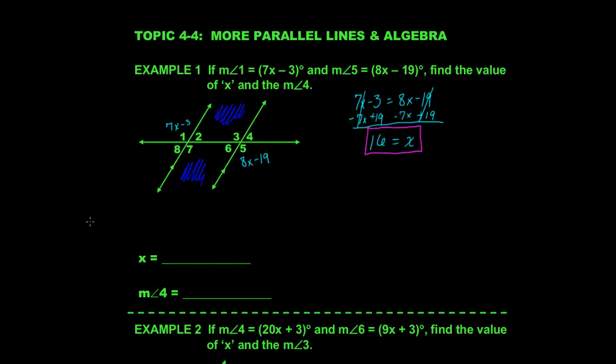Now it's asking us for the measure of angle 4. So we want to know what the measure of this is. We know our x is 16, so we're going to be able to know the measure of our angle 5. I'm going to find out what my measure of angle 5 is.